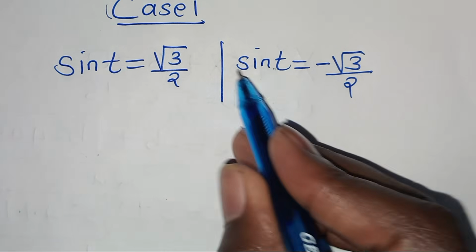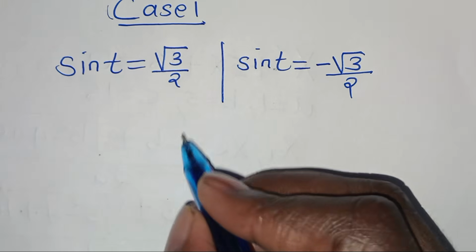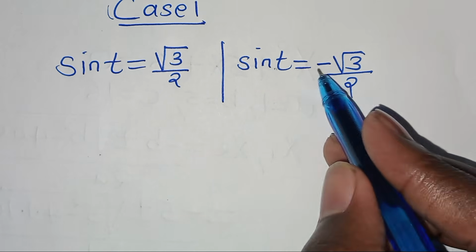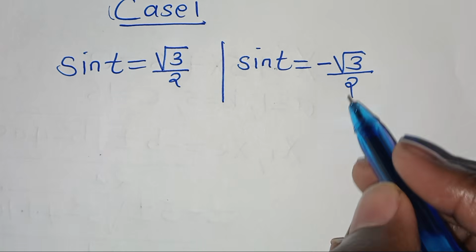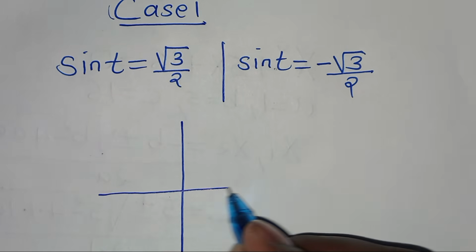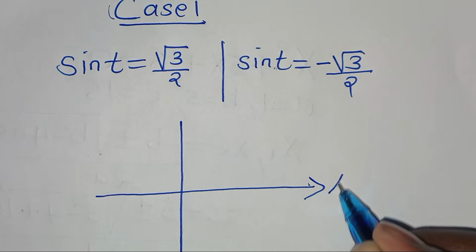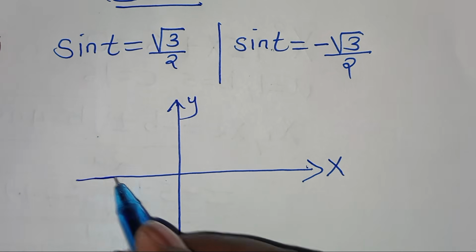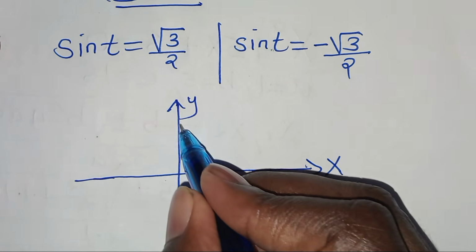Now let's have a graphical representation of sine t equal to the square root of 3 over 2, and sine t equal to minus square root of 3 over 2. So this is a graph of the x, y plane. This is the x-axis and this is the y-axis. So we can have a unit circle here.